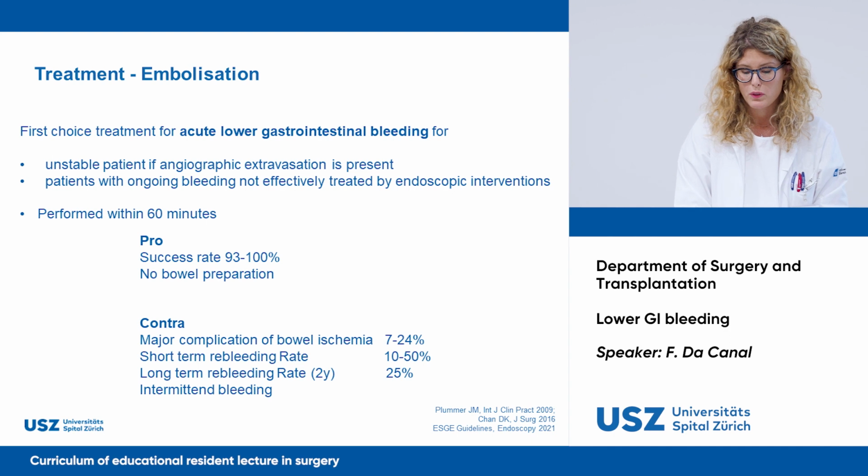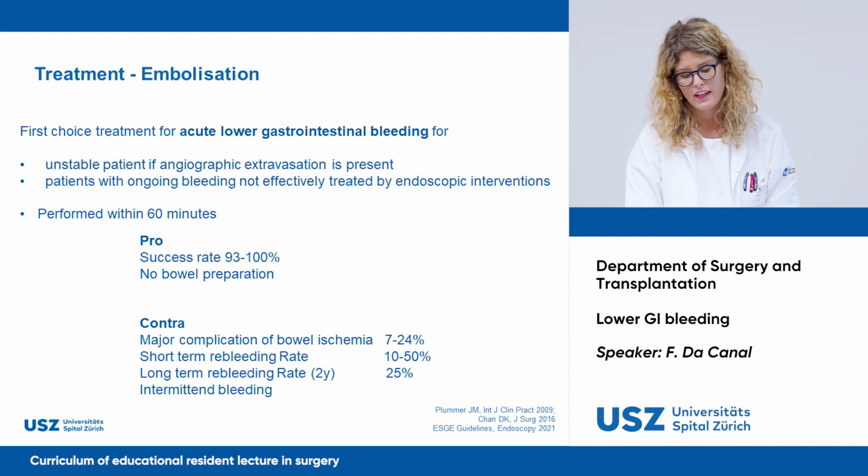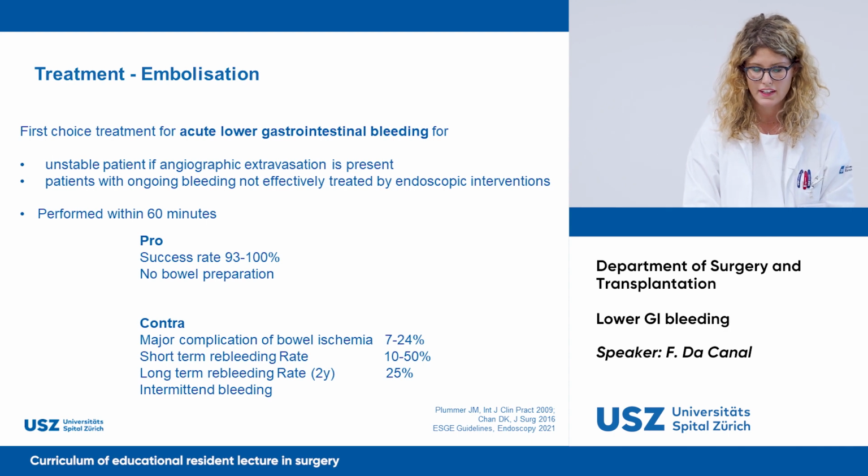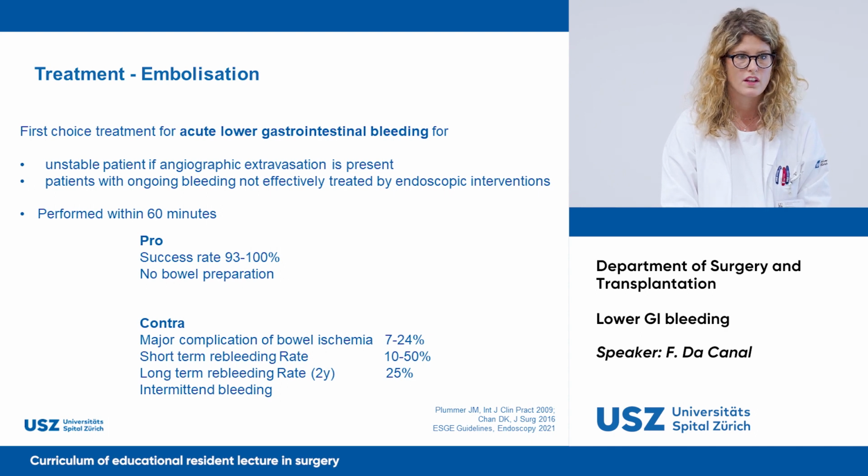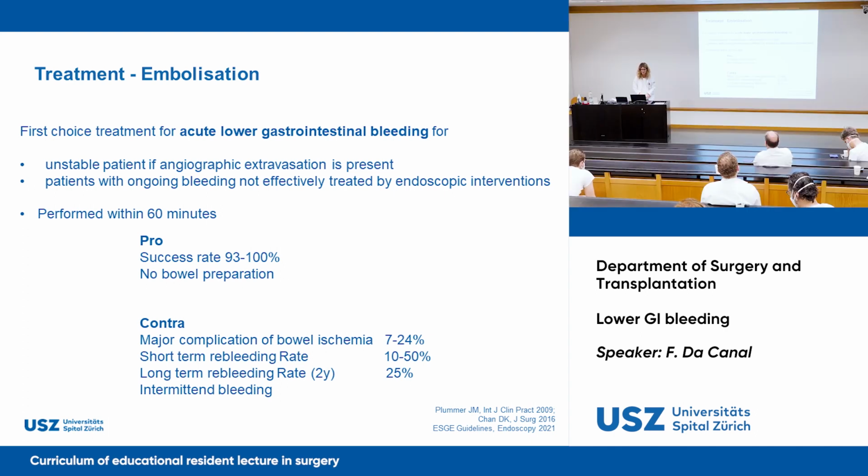The embolization doesn't need a bowel preparation, and it has a high success rate in stopping the bleeding if bleeding is seen, because for embolization it's not always possible to see the bleeding. It needs a sufficient quantity of active bleeding at the moment of the CT.